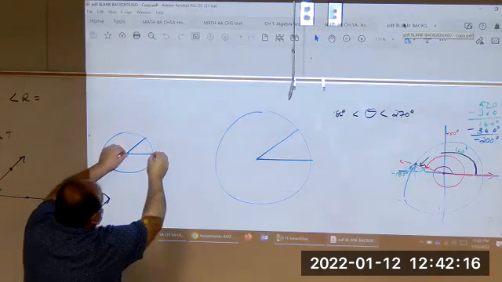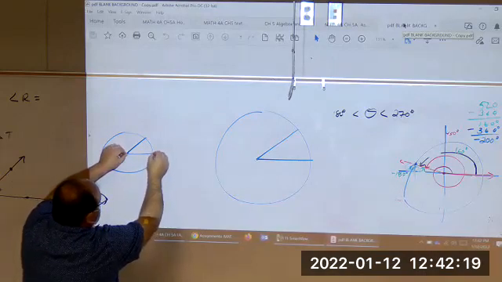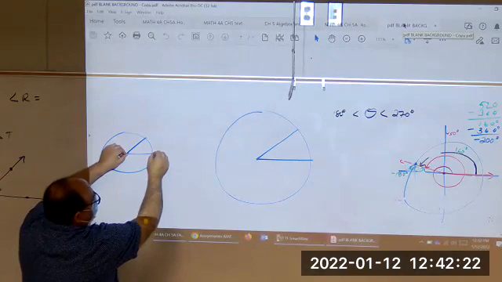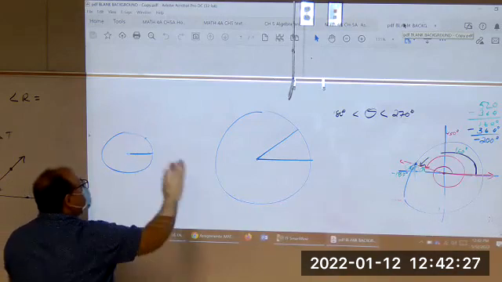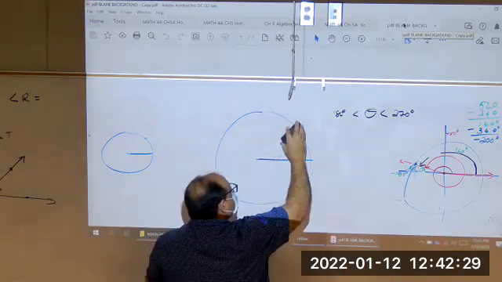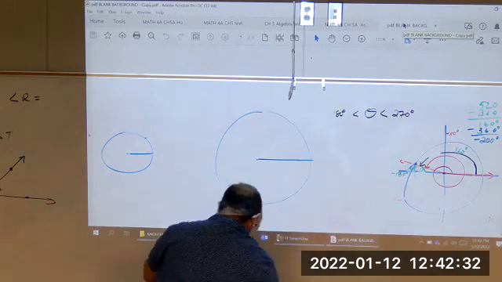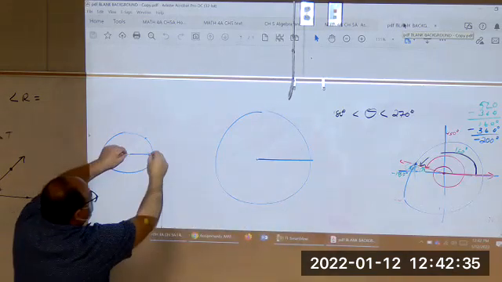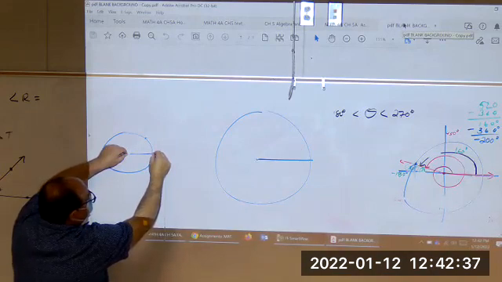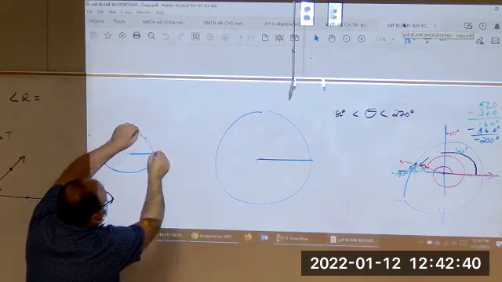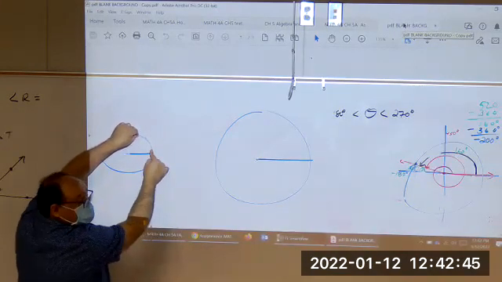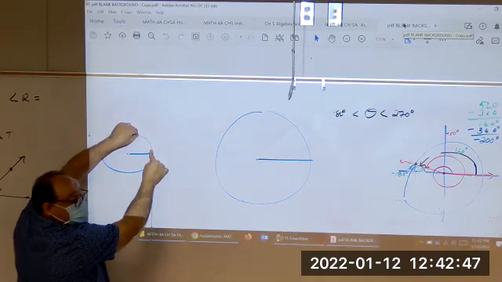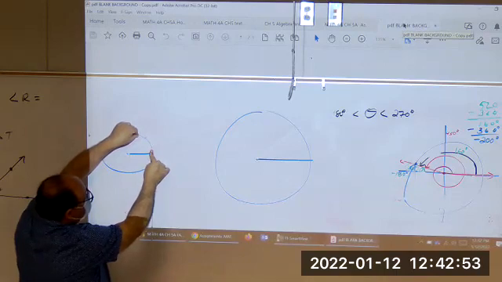The length of the radius, right? No matter how big the circle is, if I take the length of this radius and then wrap that length of radius around the curvature of the circle, the length of the radius is now the same distance as the arc, the length of the arc.